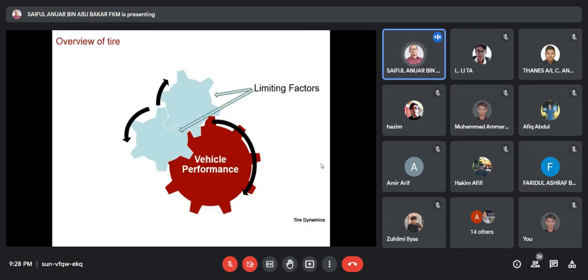Basically, overall vehicle performance is actually limited by the engine and the tire. For a normal vehicle, we cannot see that much, because we cannot accelerate or drive that fast on the road. But for a Formula One team, this is very important.